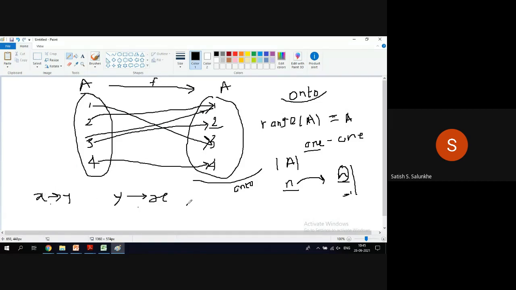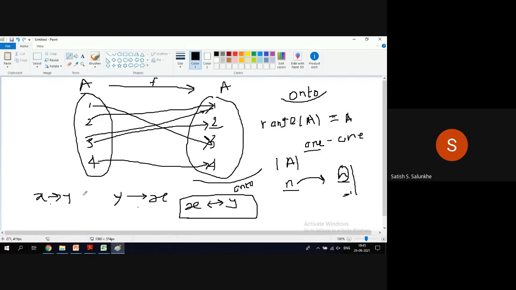When X is true, Y is true, as well as when Y is true, X is true, then we say X if and only if Y. That is a bidirectional implication.